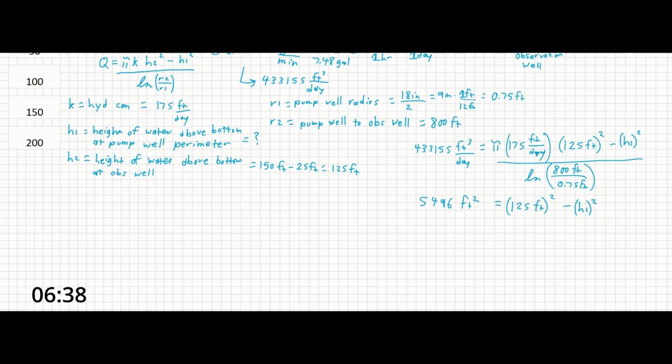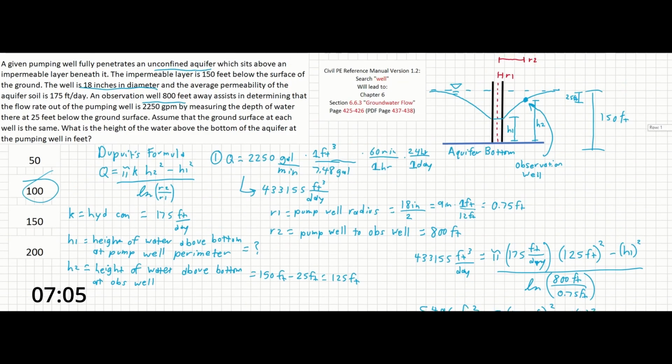Rearranging this, we can say H1 squared equals 125 feet squared minus 5496 feet squared. And squaring this, doing the subtraction, simplifying down for H1 gives us 100.64 feet, which we can see over here is our second answer on the list. And that's all it takes to solve this problem.